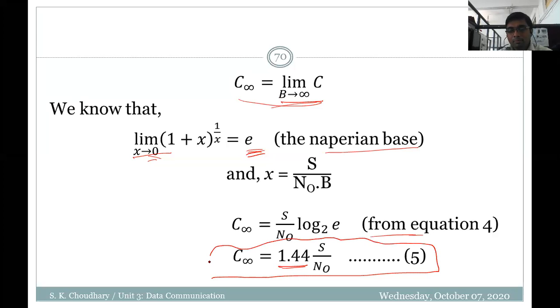This is the formula of the maximum channel capacity when we try to make bandwidth infinite. Practically, a channel capacity can't be increased to a value more than this, equation number 5. So all of you please note down equation number 5.